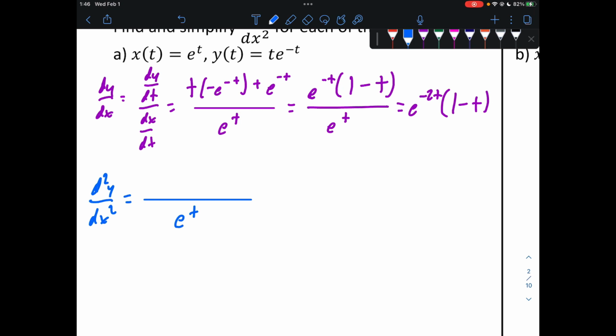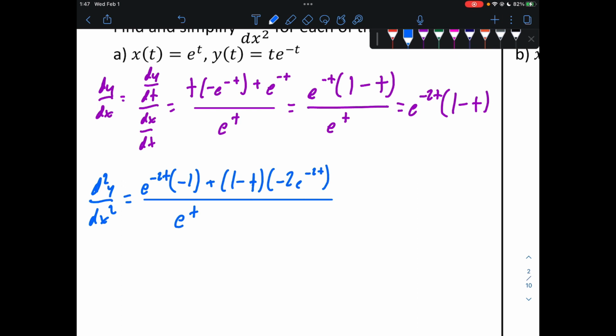We're going to use another product rule for that. And that's going to be the first function times the derivative of the second function plus the second function times the derivative of the first function. All right? And that's the answer.